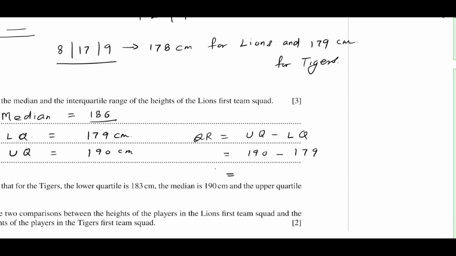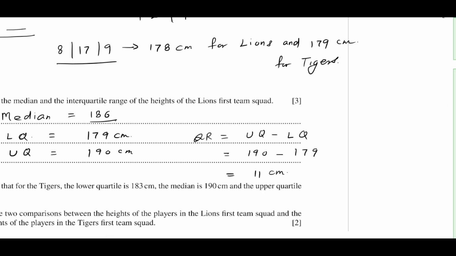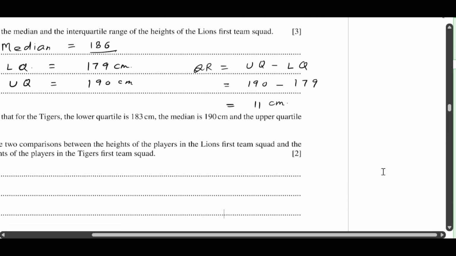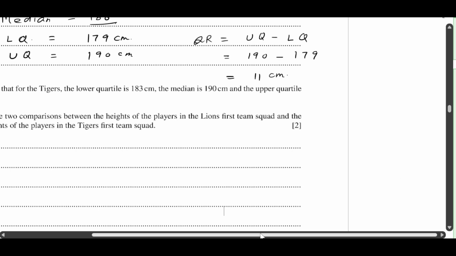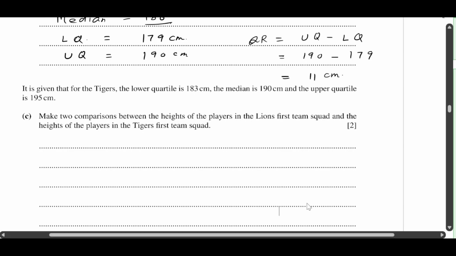So this quartile range is 11 centimeter. So 11 centimeter is my quartile range. Better you mention the unit also. Sometimes students do not write units. So make a practice of doing the problem in totality, complete.